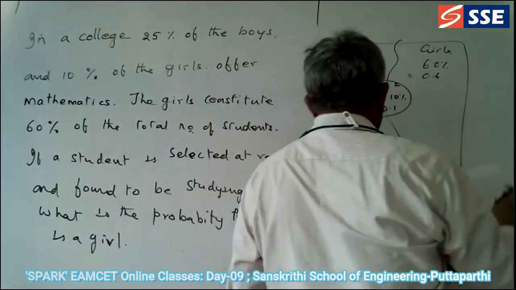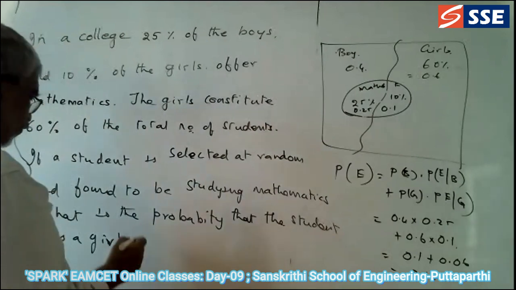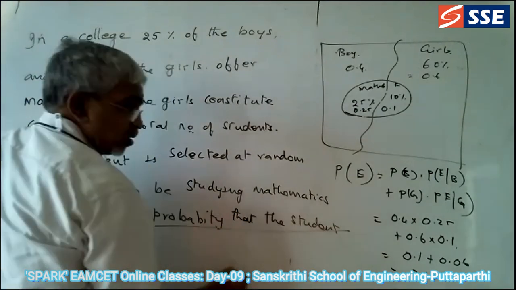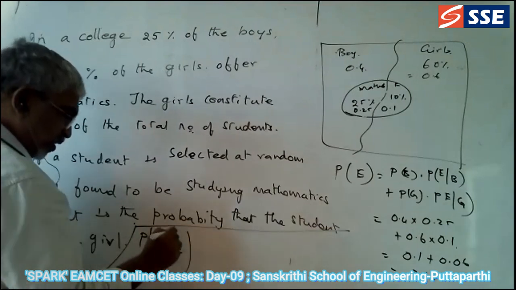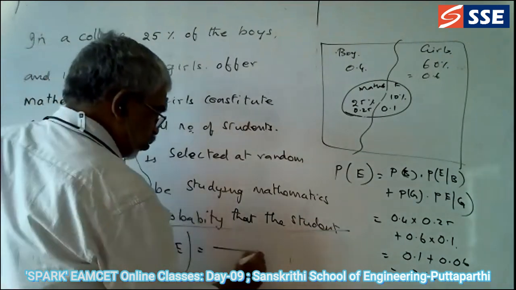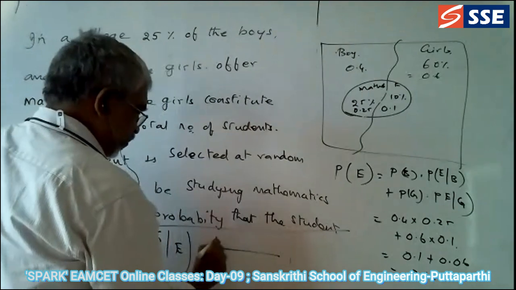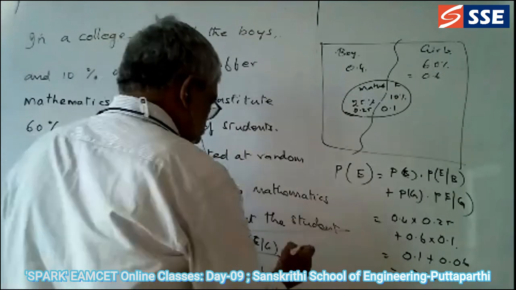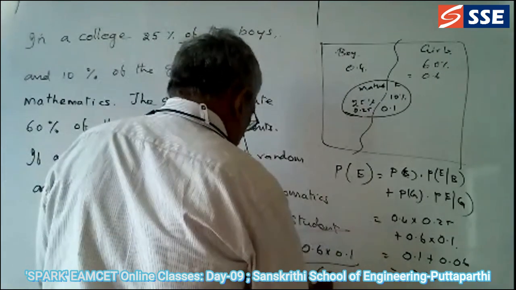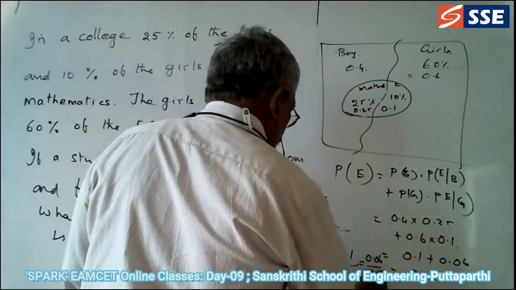And now what do you want to find? It must be girl. They are selecting a girl and finding. So now girl selecting mathematics. So girls in math, straight away we can find 0.6 into 0.1 divided by 0.16.